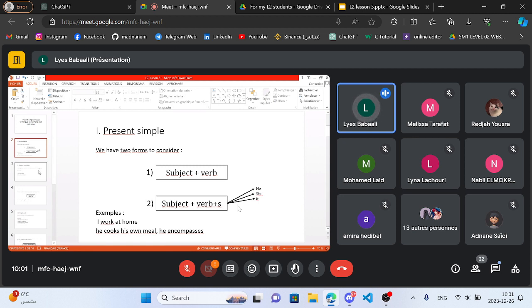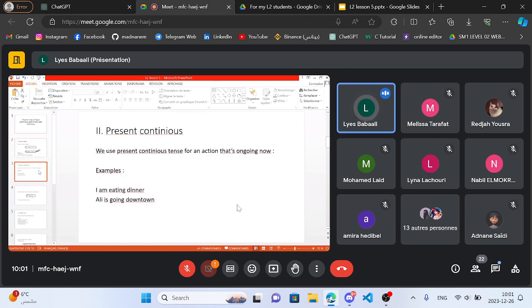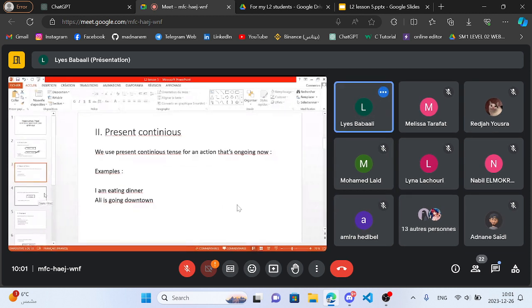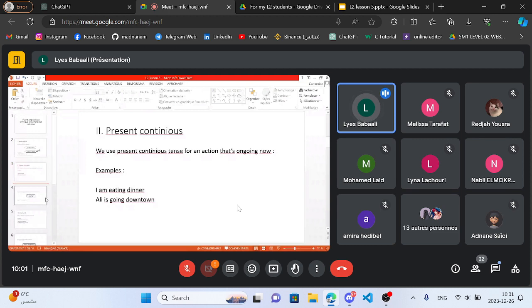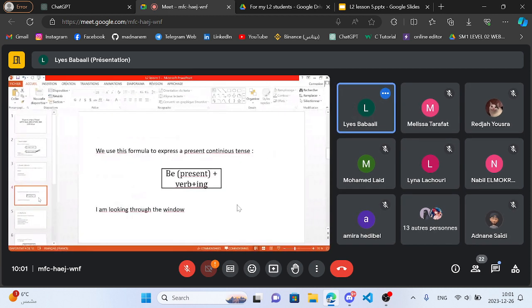Okay, but yeah, moving on, we have present continuous. It is an action that started now and it is ongoing. It takes a little while. I'm eating dinner. I am studying. I'm preparing the exam. I am listening to my teacher. So for how you formulate a verb in present continuous, the formula is pretty simple.